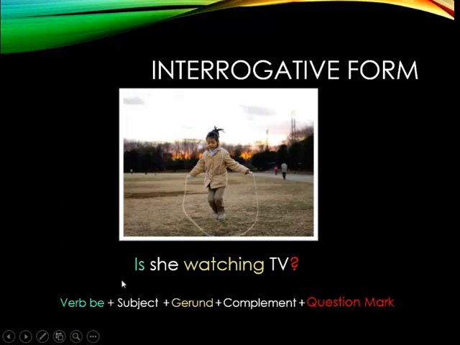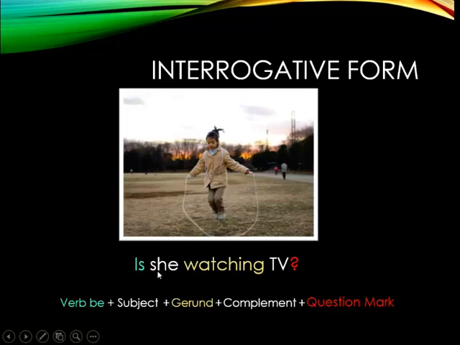Now, one more time. This time we are not starting with the subject. We are starting with the verb be, which is. Remember, the verb be takes 3 different forms when used in sentences. They depend on the subject. In this case, we use is because she requires the verb be to have this form, is.